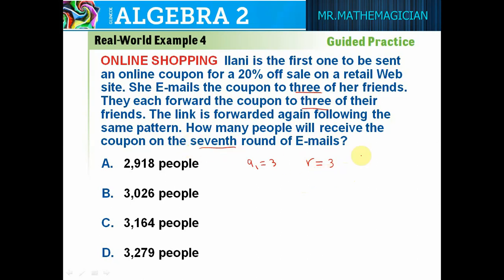Now in the 7th round, N equals 7. How many people will receive? So we need Sn.